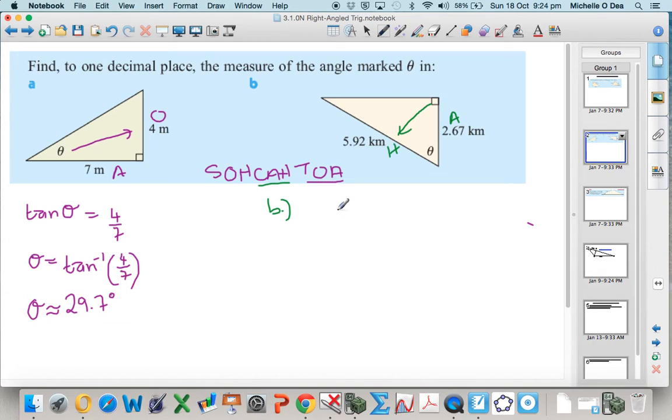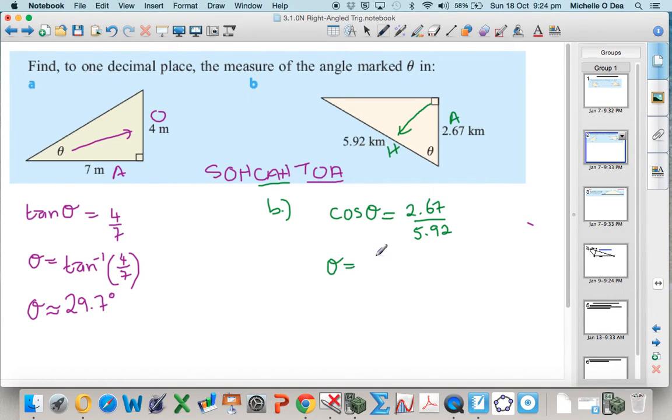So that means we're using cos. Cos of the angle, theta, which we don't know yet, is adjacent, so 2.67 over the hypotenuse. It's very important to make sure you get these the right way around. This is why you remember the SOHCAHTOA. The order that the letters are written, whichever letter is written first goes on top.